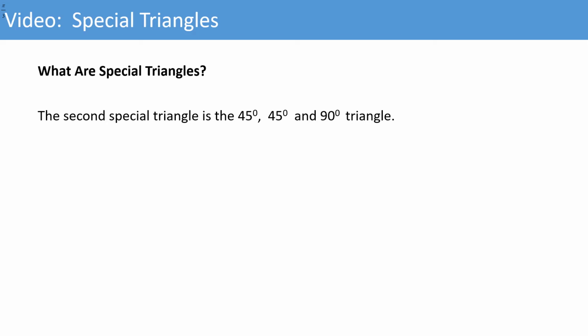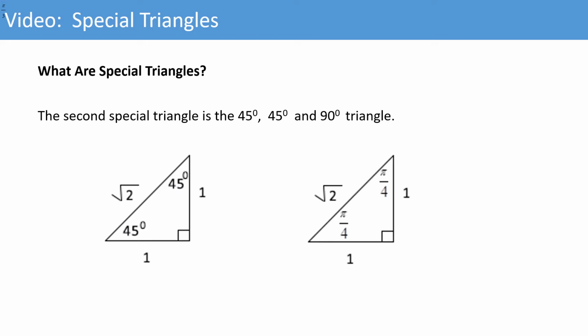The second special triangle is the 45, 45, 90 triangle, or pi over 4, pi over 4, and pi over 2. Here is a diagram of the triangle in degrees, and here is the triangle in radians.